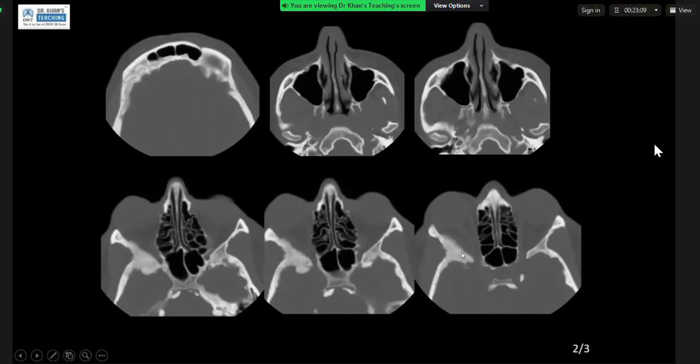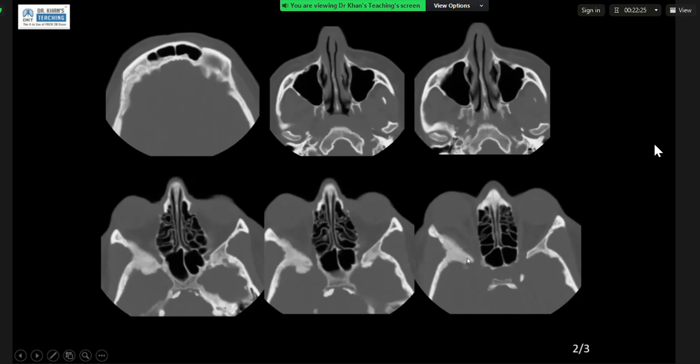All right. These are selected coned down images of the sinus, and there appears to be expansion and sclerosis of the greater wing of the right sphenoid bone, and there appears to be ground glass density.